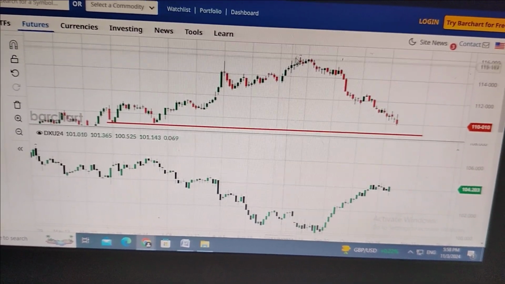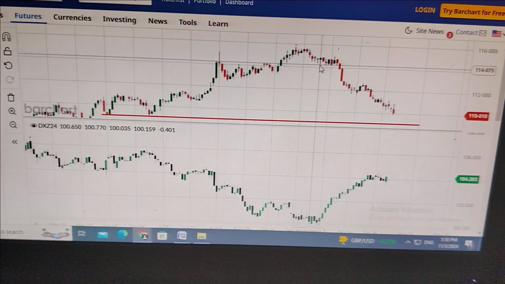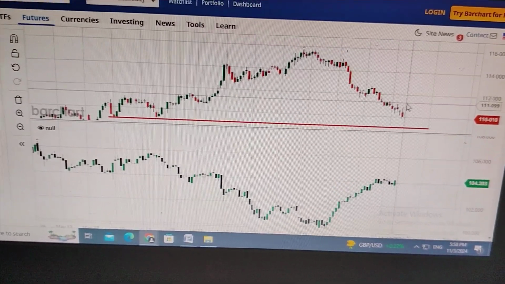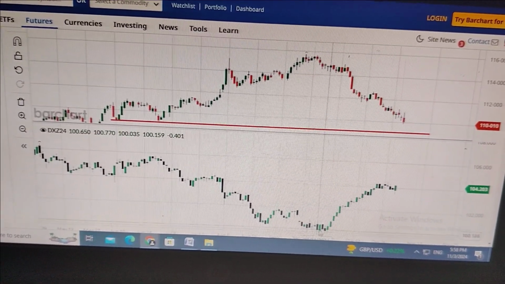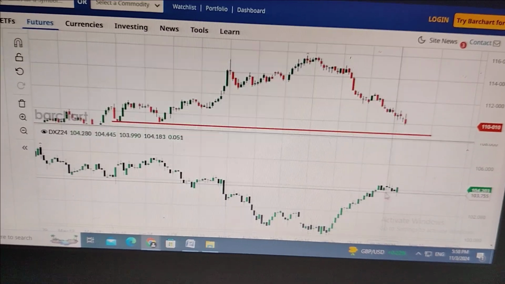Look, the treasury note is going down, but the dollar index is going up.